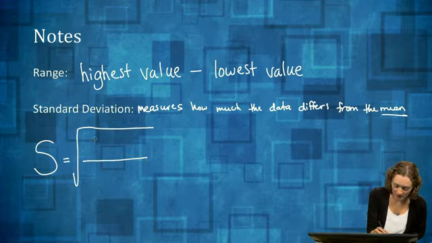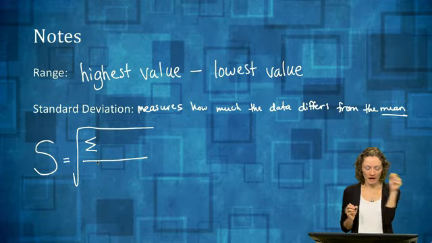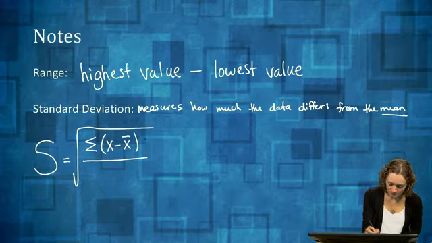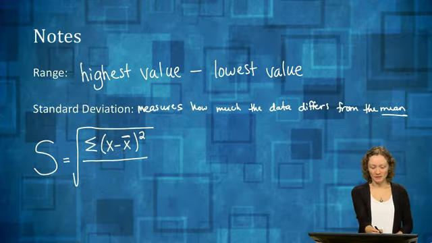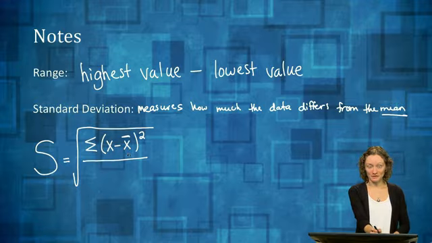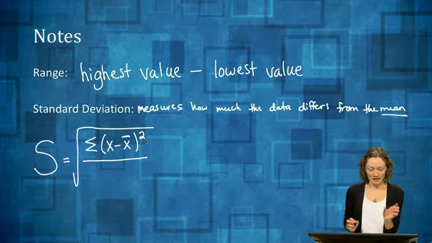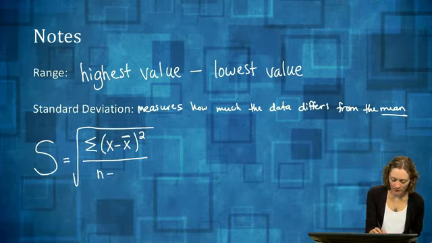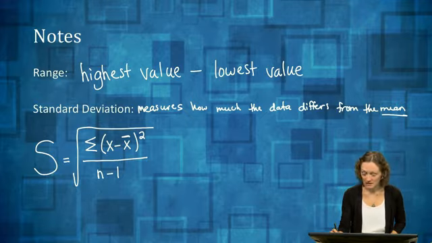On the top of that fraction, we have the summation, this kind of hard-lined looking E, means summation of, or the sum of, x minus x bar, so x representing data points minus x bar, remember in the previous video, is the mean, quantity squared. So it's the sum of each data piece minus the mean squared, all over n minus 1. And we're going to write down exactly what each of these means.